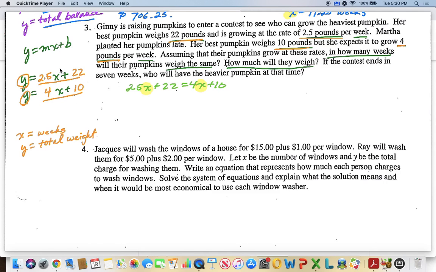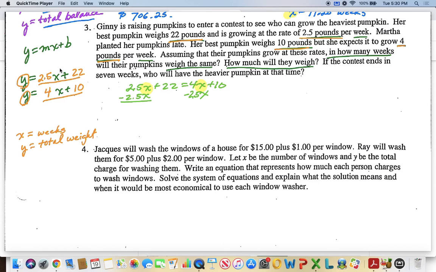All right, so let's start doing that. We're trying to get x on one side, so we need to zero out one of them. I think I'll do the smaller one, the 2.5x. So I'll subtract 2.5x from this side and 2.5x from this side.